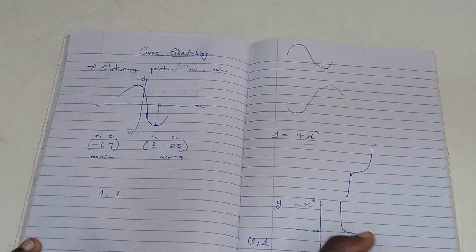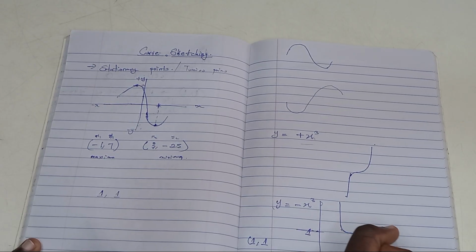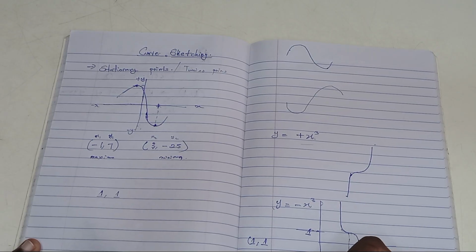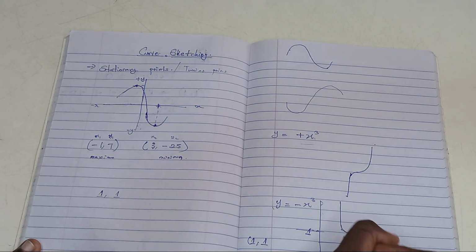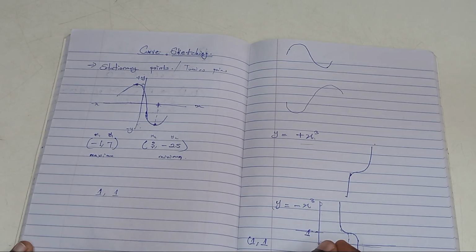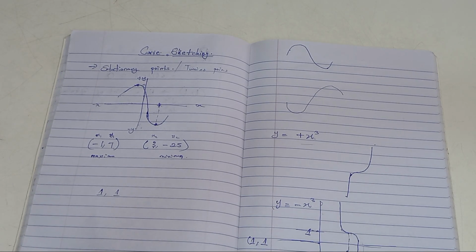So this point will be positive 1 on the y-axis, and positive 1 on the x-axis. So it's in this positive region. So that's the hint for that. It will not go below that.